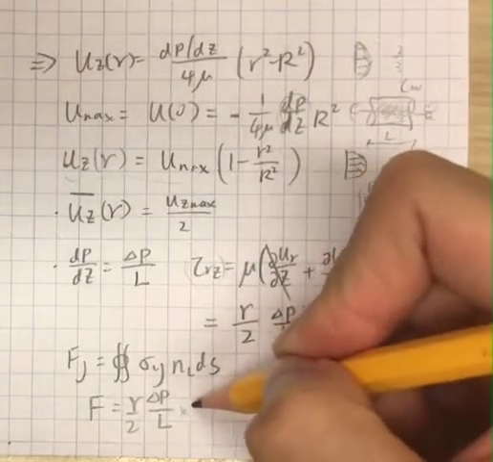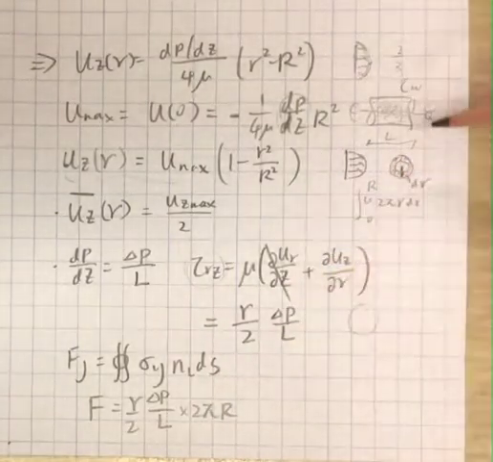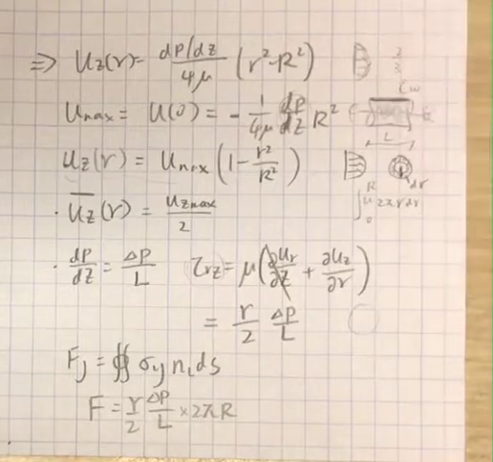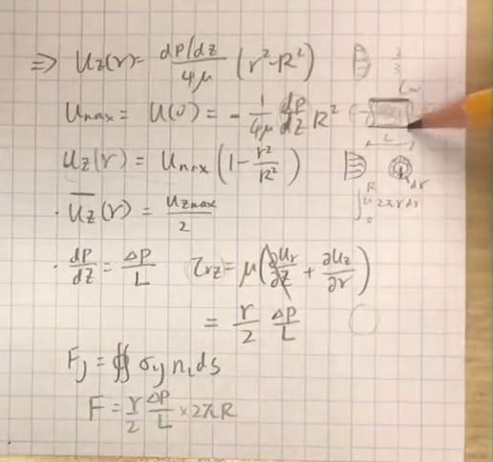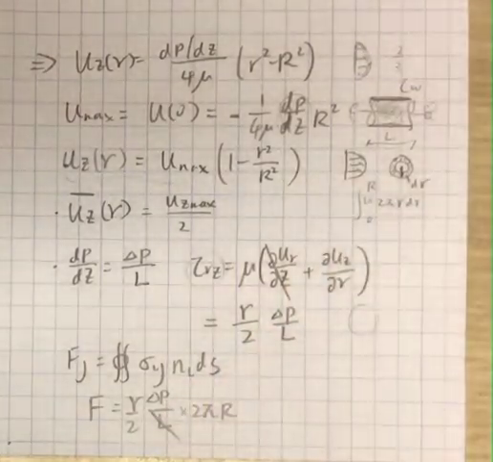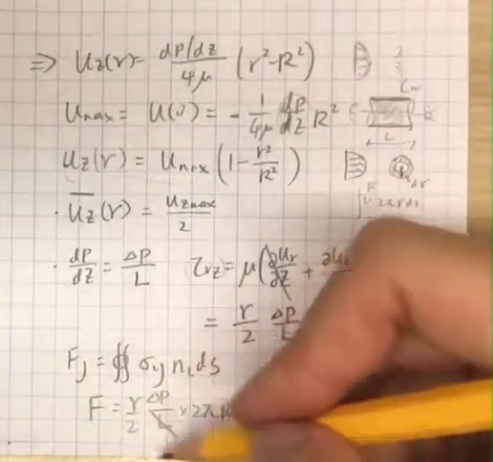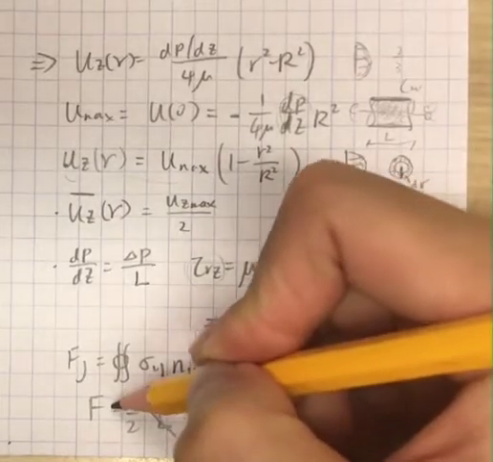So we need to multiply by 2 pi r. And then we need to multiply by the length of the pipe to get the total shear force. So we need to multiply by L. So this is the force resulting from shear stress, right? It should have a minus sign.